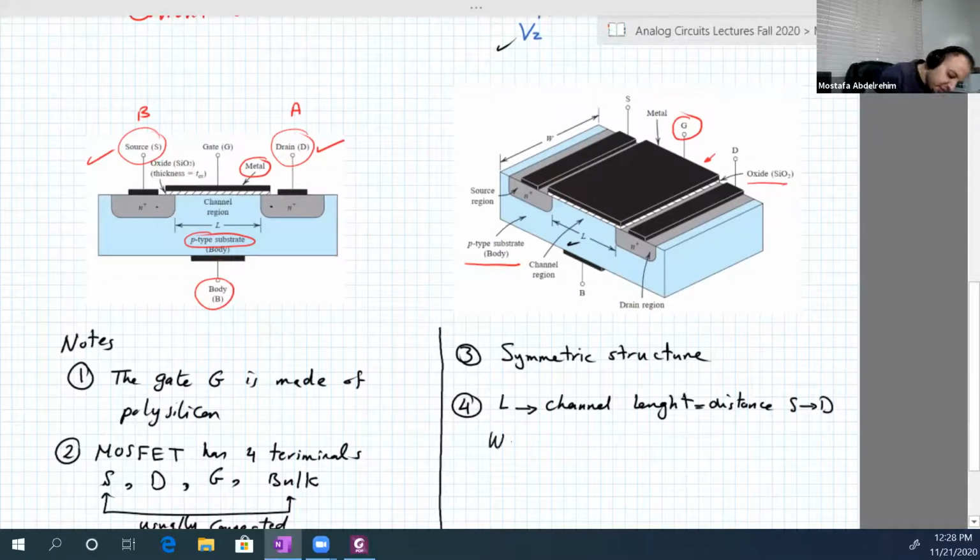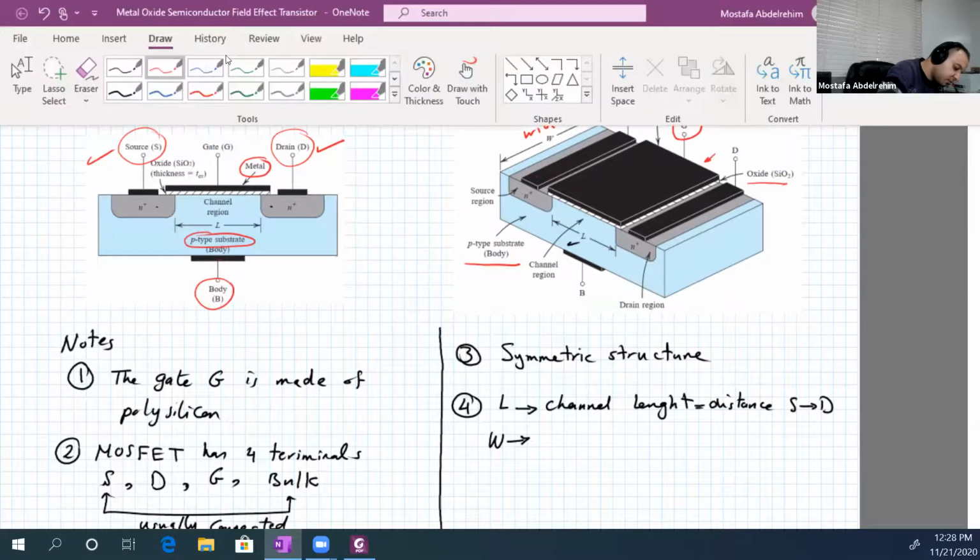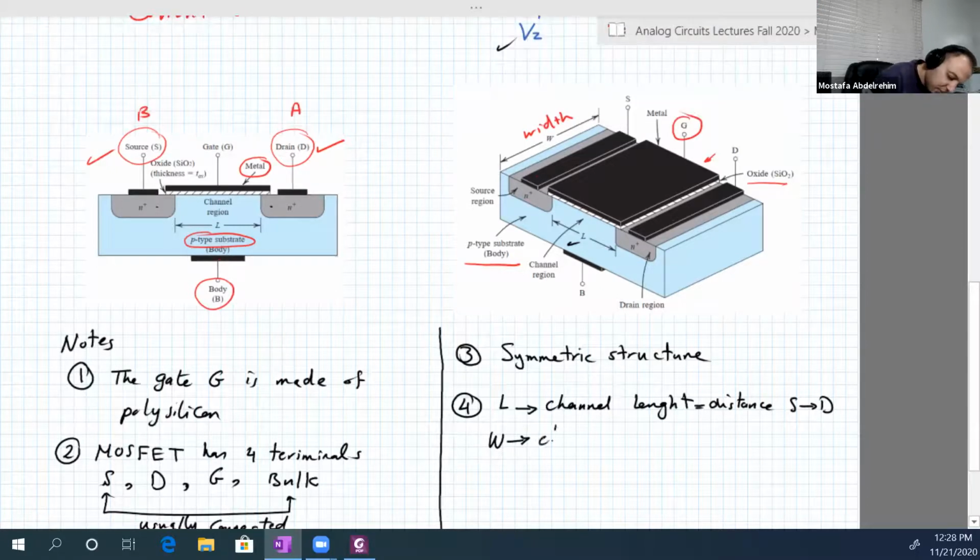The width is the width of the transistor. So this is the width here. Or the width of the channel, the other direction. So channel width.